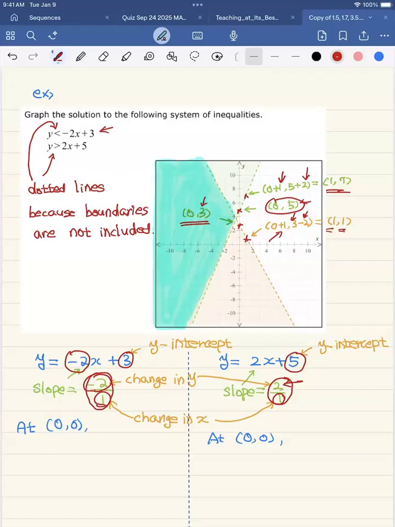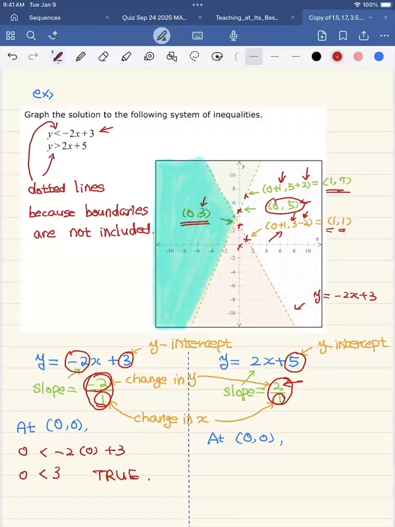Then the y value 0 is less than minus 2 times the x value 0 plus 3. So it produces 0 is less than 3, which is true. So this one was y equals minus 2x plus 3, and (0, 0) is included.